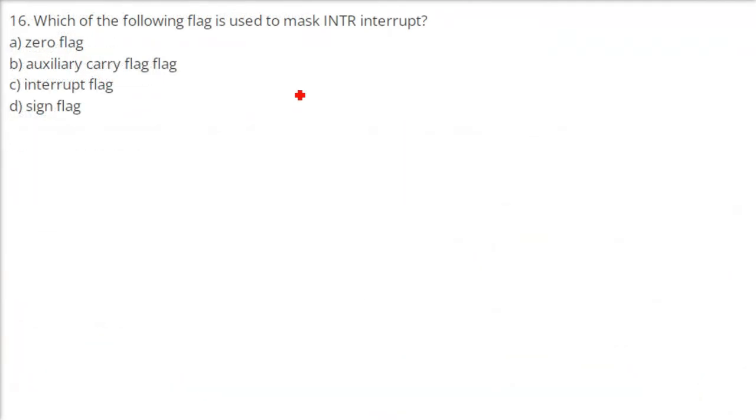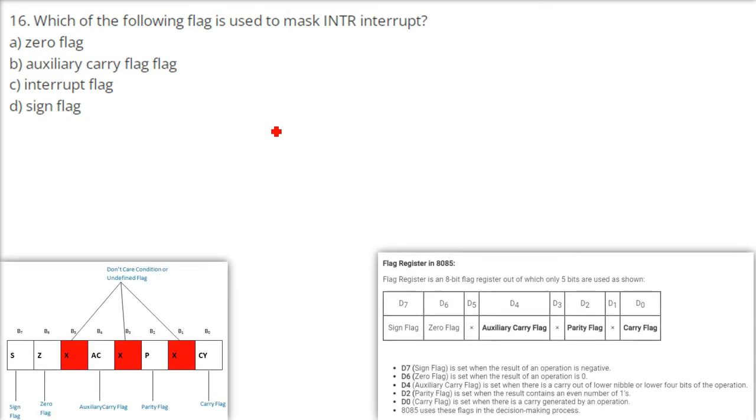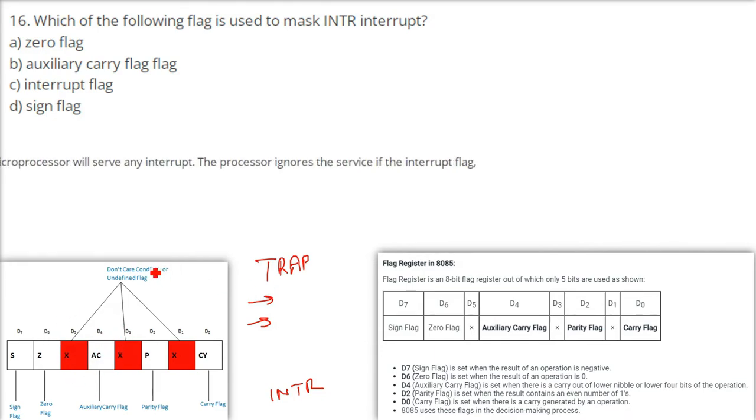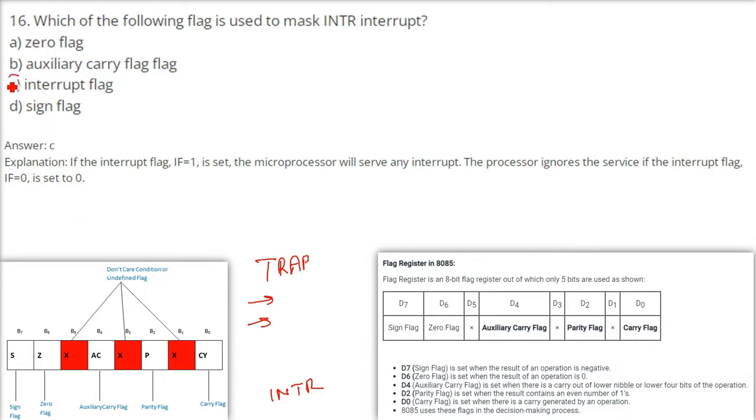Which of the following flags is used to mask the INTR interrupt? Okay. So when we talk about the other aspect, when we talk about different flags, trap has the highest priority, and then we have INTR, the lowest one. We talk about flags when there are certain operations on the ALU. But whenever we talk about interrupts, there is an interrupt flag, which is not here, which you see here.